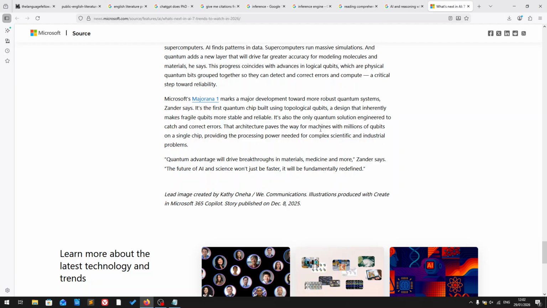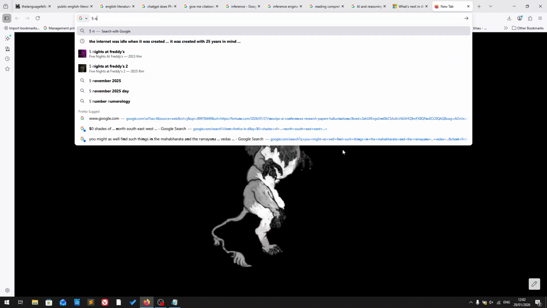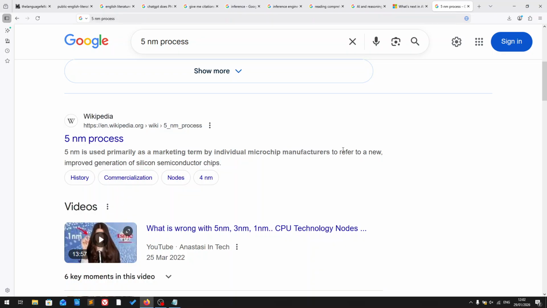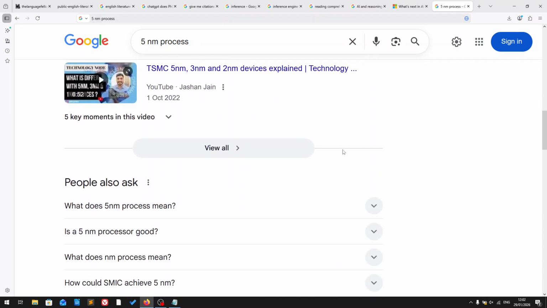Yeah. So see, the last I looked at it was 5 nm process. So nanometer.